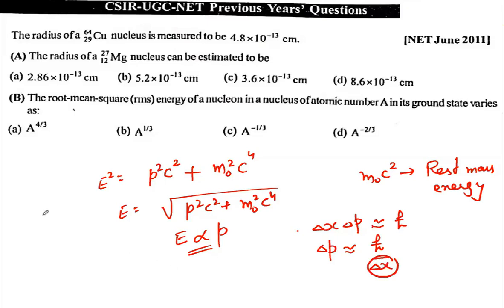Now if you talk about a nucleus, suppose it has a radius r. The maximum range over which the nucleons can exist within this nucleus is of the order of 2r. So anywhere it can exist.